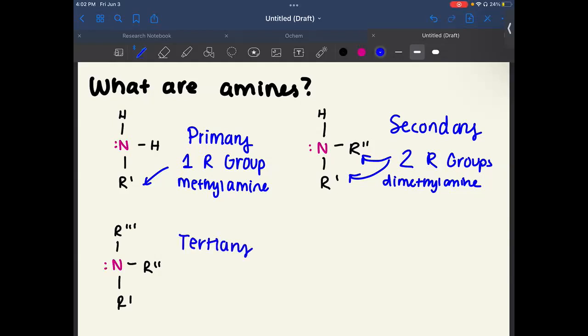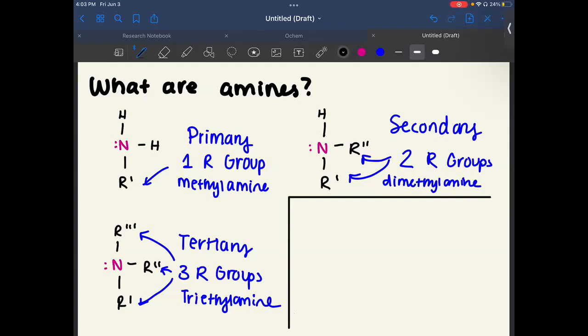It's a tertiary amine, and it has three R groups, right there, and right there. And an example of that would be triethylamine. All right, so there's those.